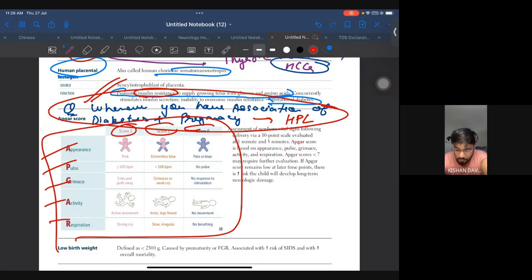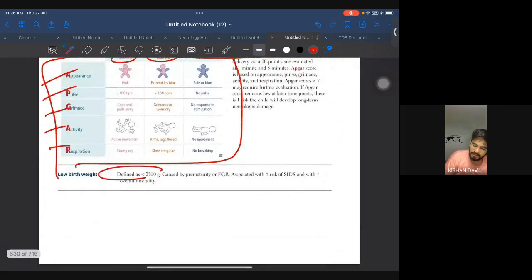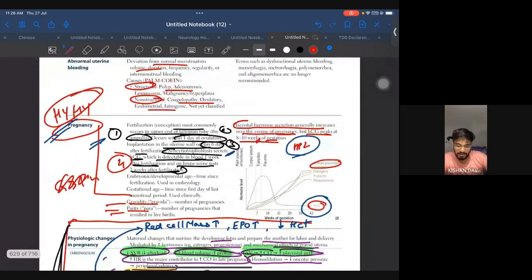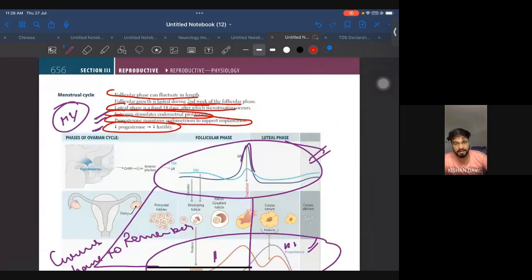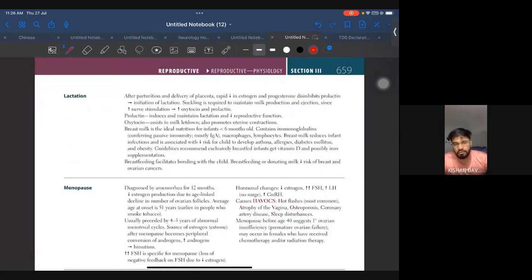So you should know this. Low birth weight is defined as less than 2.5 kg, caused by prematurity, associated with increased risk of SIDS and with overall mortality. All right, that's it. But you should know these hormones well, and pregnancy well, because most of the questions will be based on physiology only.